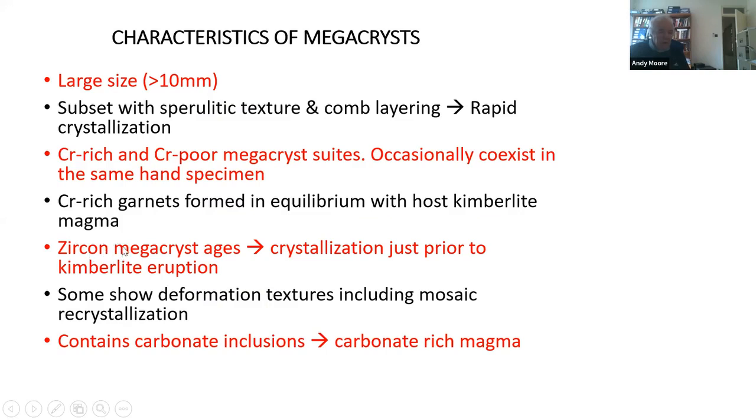Where these have been dated, they give ages that are very similar to the host kimberlite. So this indicates crystallization just prior to incorporation. So this suggests that the megacryst suite had a very short mantle residence time. And you sometimes see carbonate inclusions, and this is pointing to a carbonate-rich parental magma.